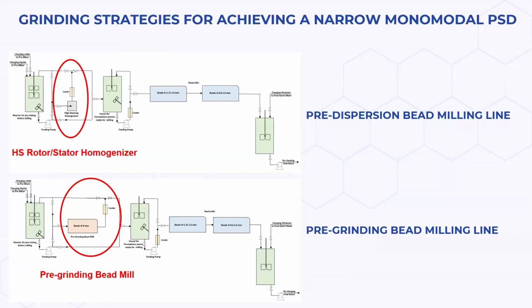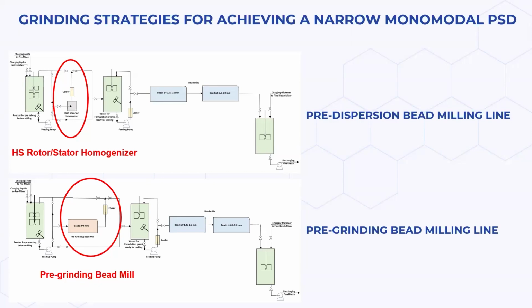Grinding strategies. Grinding strategies involve selecting the most suitable grinding method, optimizing operating conditions, and adjusting formulation composition. Selecting the most suitable grinding method.